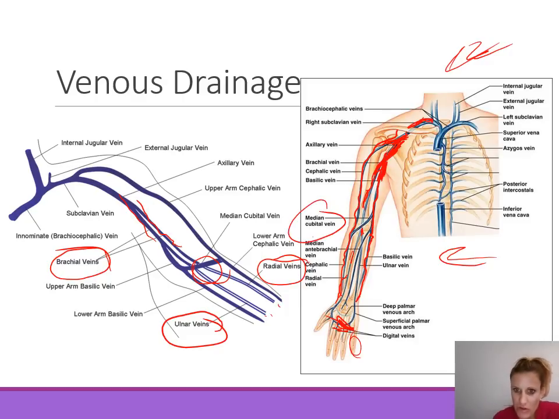Also the median cubital vein, you can see here, goes obliquely, connecting the cephalic to the basilic. And then the median antebrachial vein, you see it coming up right at the very middle of the forearm.